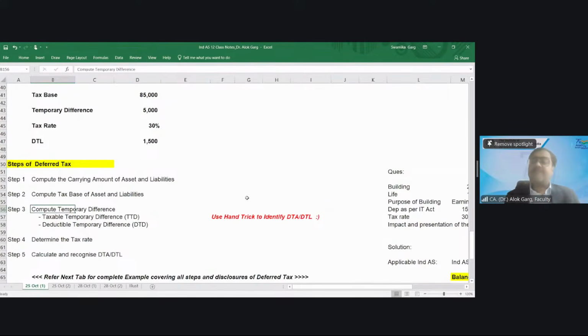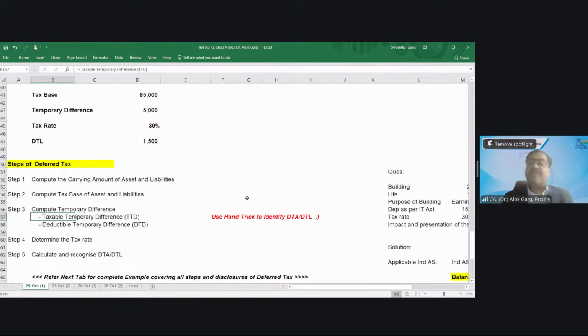Okay. So if a temporary difference is creating a taxability in future, it will be DTL. But if the temporary difference is creating a deductibility in future, like you remember our first example of provision for gratuity. In the first year and second year, we paid higher taxes. Why? That provision for gratuity was disallowed.